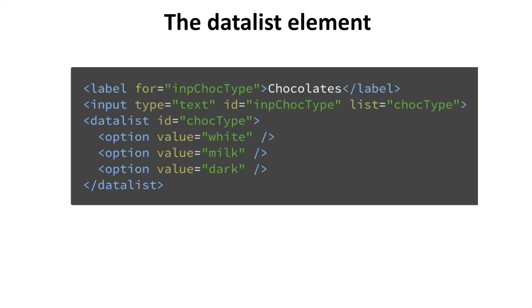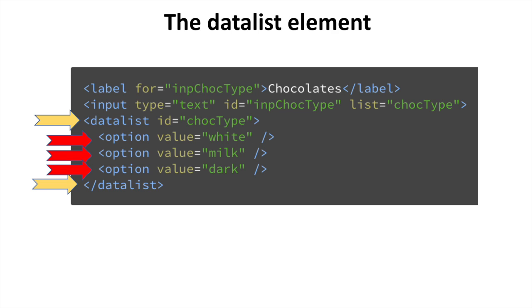Data list is similar to select, where the user, when he or she is entering data for a field, can get some recommendation from the system, and that recommendation is called data list. So after your input, you add a data list tag, and you give it an ID for the sake of later doing some CSS, and then you close your data list, and inside you'll have different data or rows you want to show: white, milk, dark. Okay, you put whatever you want in the list you want to have.